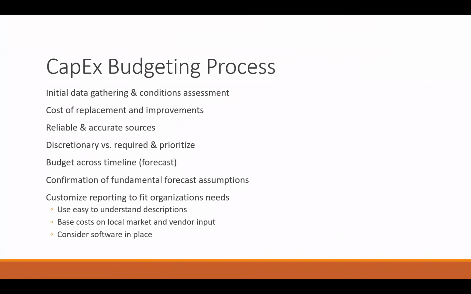Scott? The capital budgeting process, we want to be able to gather information and assess the conditions of the facility, and then we would compile the cost of replacements and any improvements that may be needed.